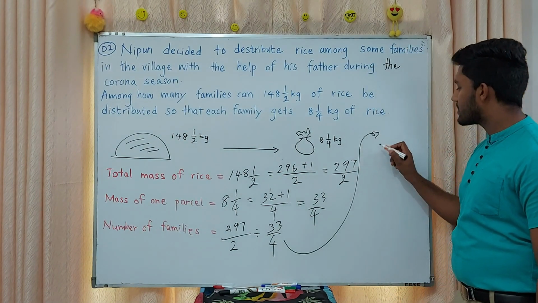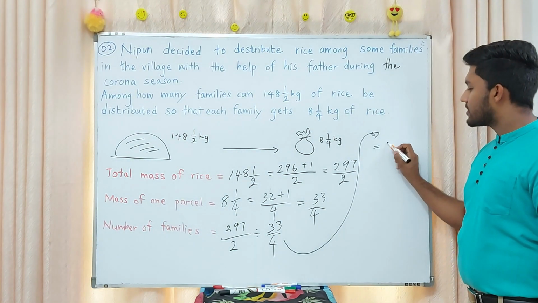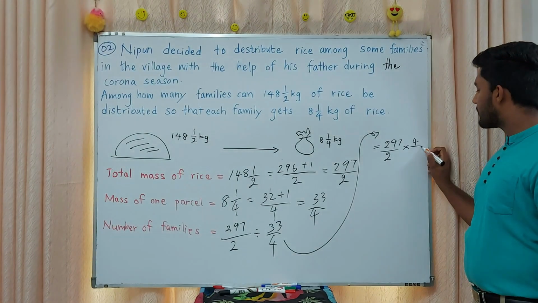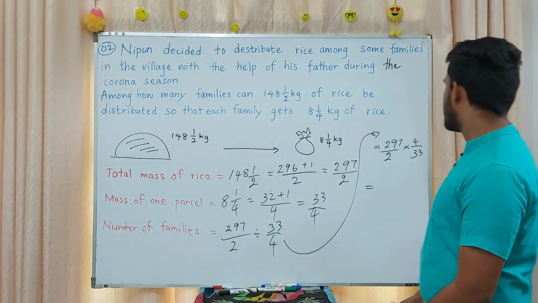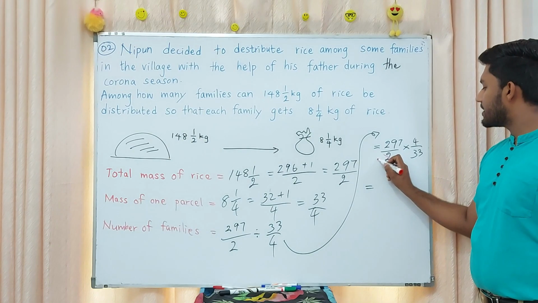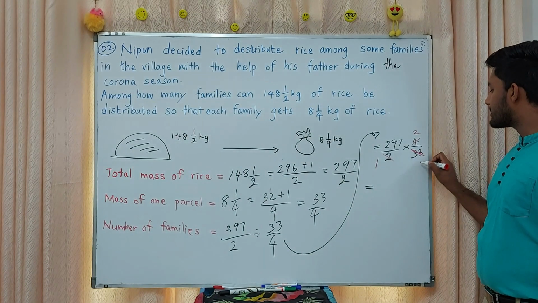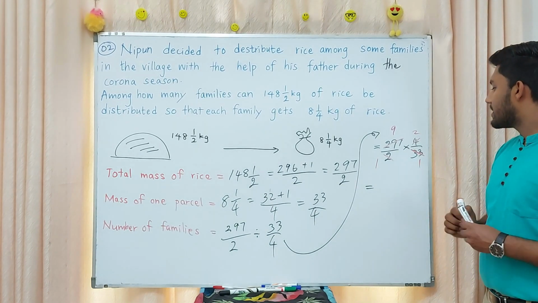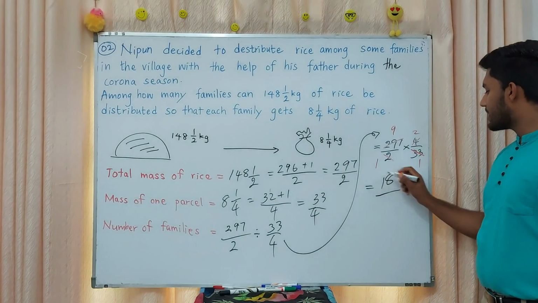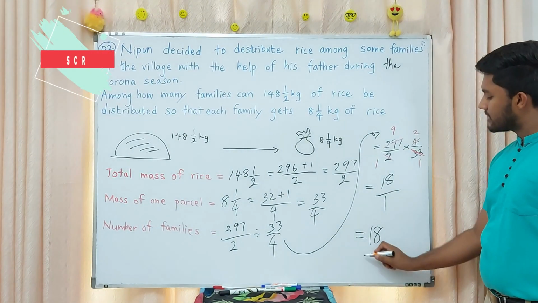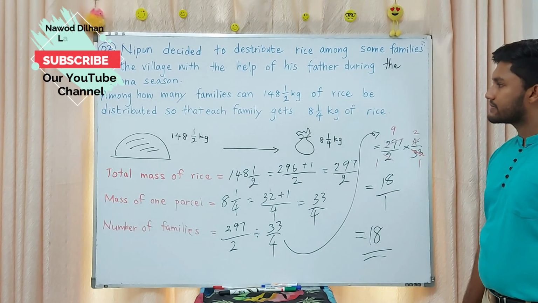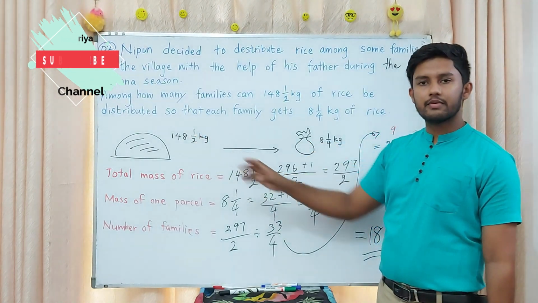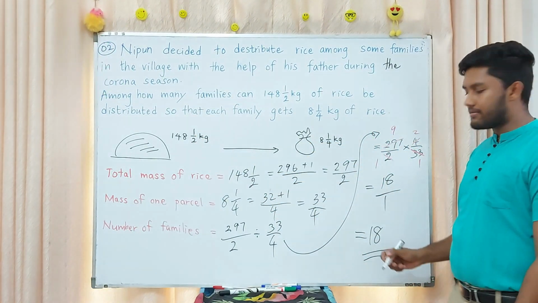That means 297 over 2 multiplied by 4 over 33. Then we can cut 2 into 1, 2 into 2, 33 into 1, 33 into 9. 9 into 2, 18. 1 into 1, 1. 18 is the answer. Then this total amount of rice can be distributed among 18 families.